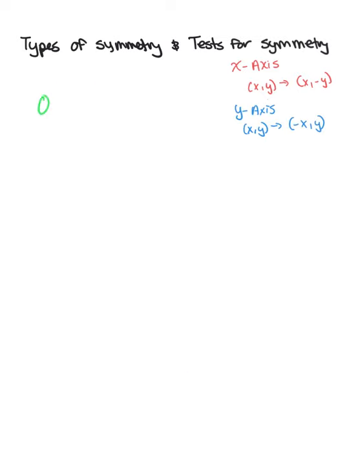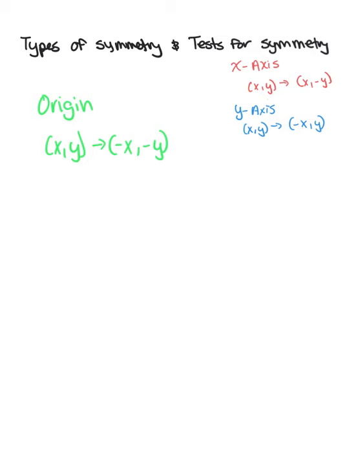With the origin, to determine if something is symmetric with respect to the origin, we're going to negate both the x and the y, meaning we're going to change them both.